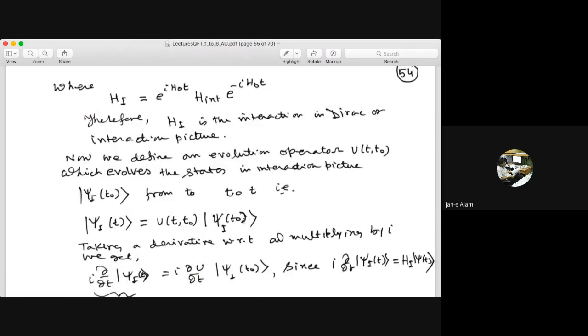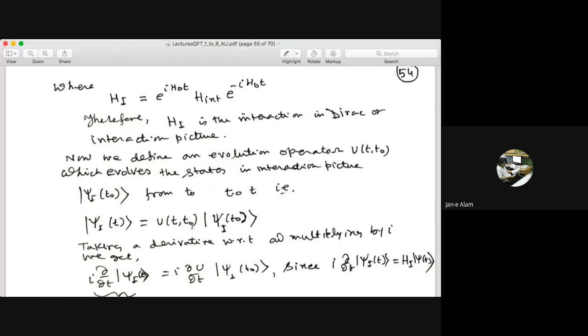Then what we did, we asked the question: suppose I have an operator which will take a state in the interaction picture or Dirac picture from time t naught to t.